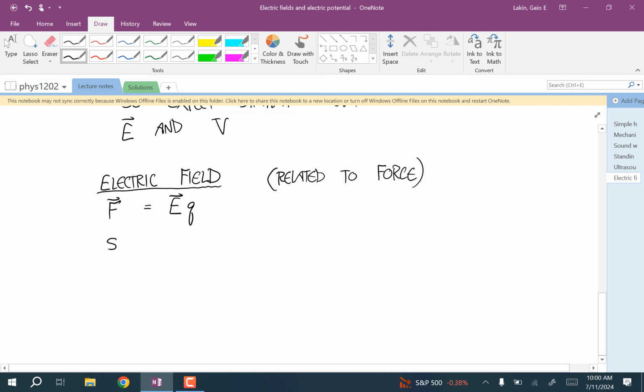The SI units for electric field vector are, well, you can figure it out from this equation. It's going to be newtons divided by charge, so newtons per coulomb.